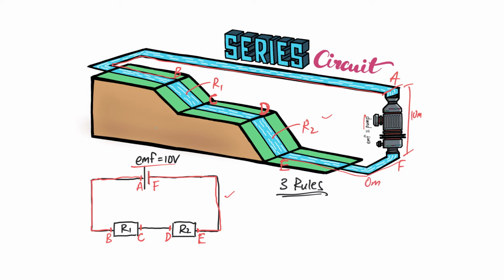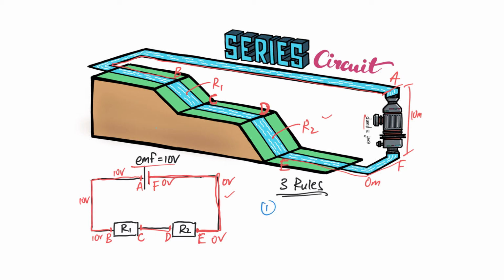This is like your 0 meters. So throughout, it is 10 volt at any point until point B, and from point E onwards all the way until F, it will be 0 volt. So that's basically how you see it.